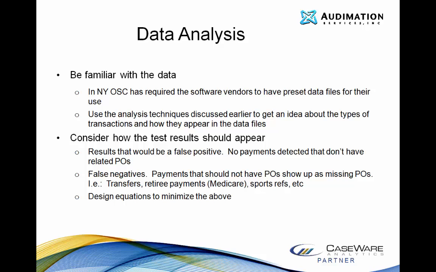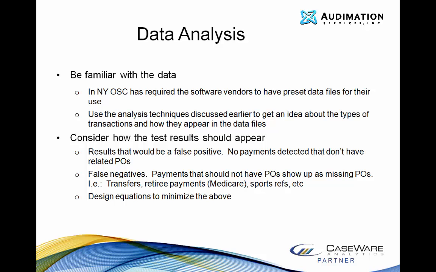And when you're designing that test, you need to really be familiar with it to know what kind of data is going to be in there that might lead to false designs. So, for instance, you might have some false negatives, which would be the payments that should not have POs showing up as missing POs, like debt payments, retiree payments, sports refs.